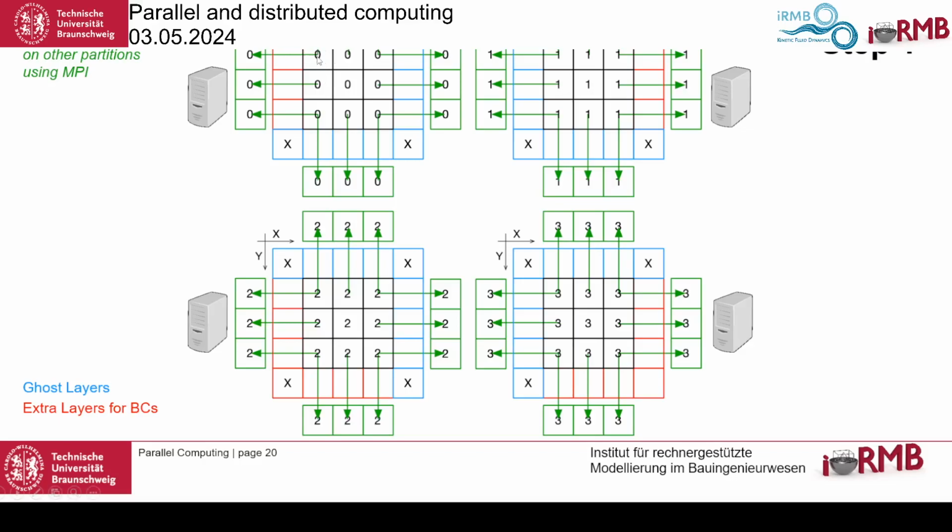So what you have to do is collect the data that you want to send to your neighbors. And you see some of this data also has to be sent to multiple neighbors, to neighbors which are neighbors to multiple neighbors.